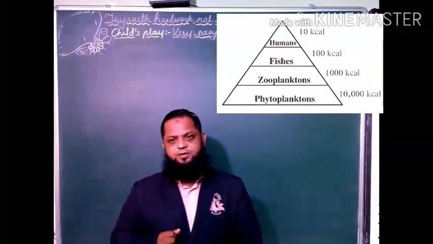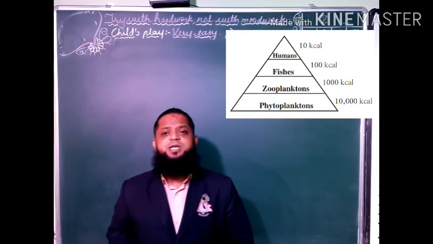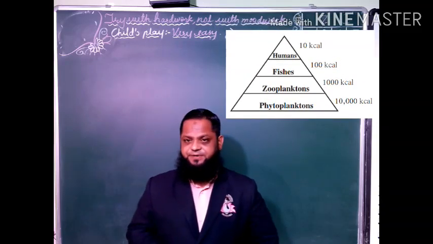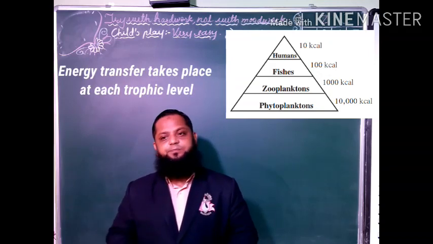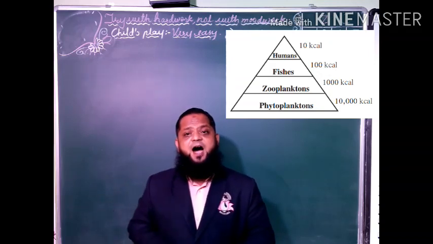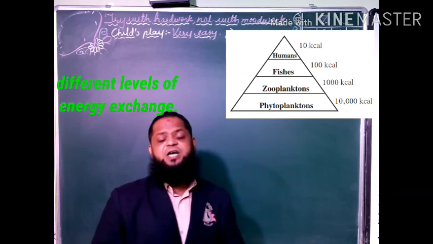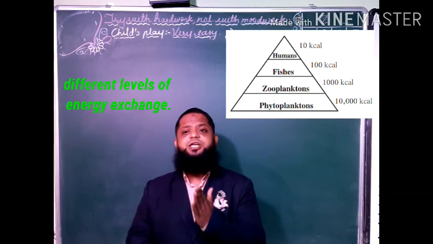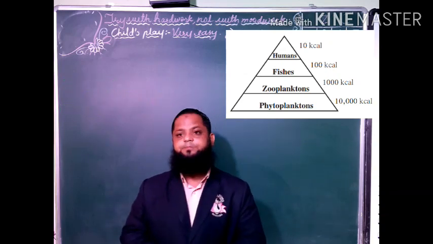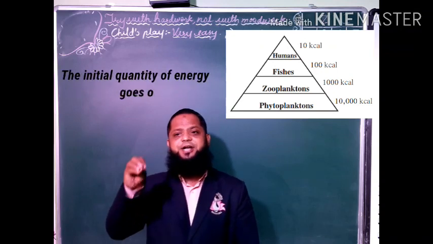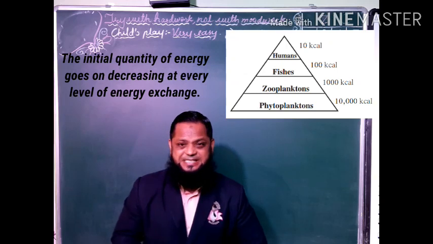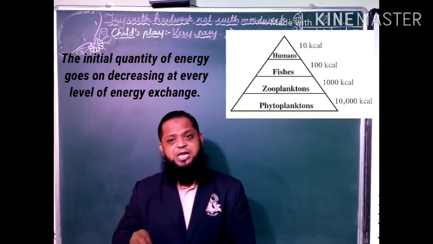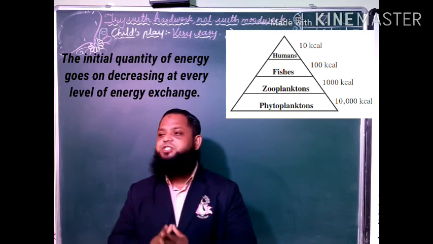Observe the figure. The figure shows the energy transfer that takes place at each trophic level. There are different levels of energy exchange in the food chain. The initial quantity of energy goes on decreasing at every level of energy exchange.